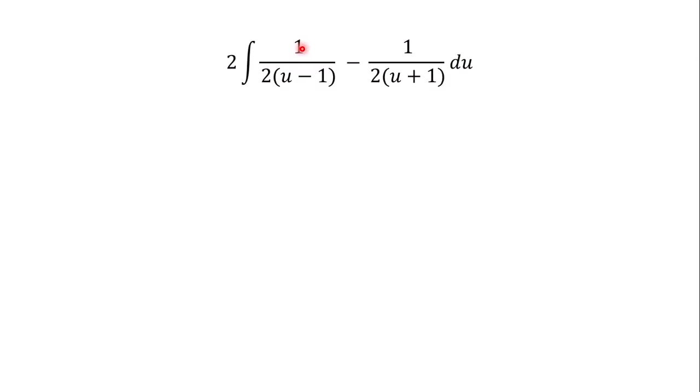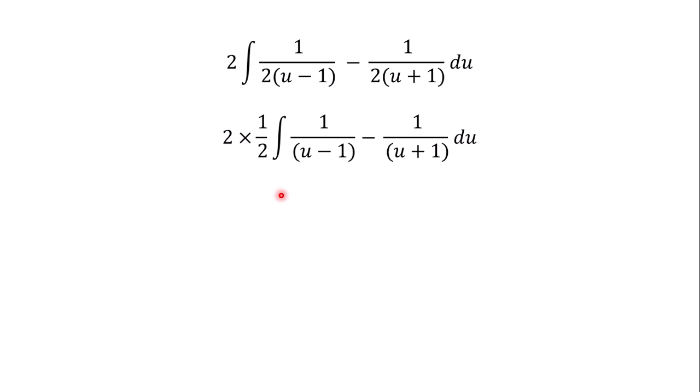You can take as many ones as you want outside, and there will still be something left. So half is here and also half is here; when we factor it out and multiply, this and this will cancel out, and here we are going to get 1 over u minus 1 minus 1 over u plus 1 du.